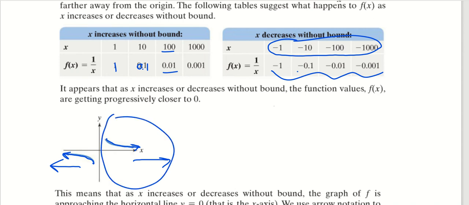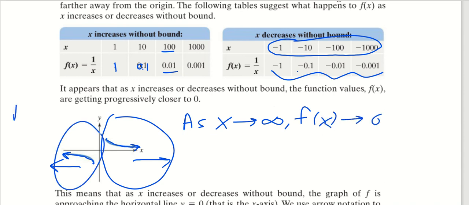For this part, we would say that as x approaches infinity, the f of x values are approaching 0. And over here, we would say that as x approaches negative infinity, once again, f of x is also approaching 0.